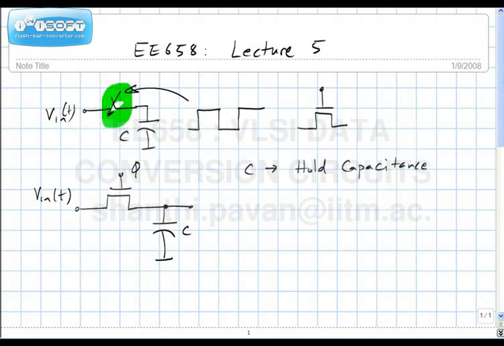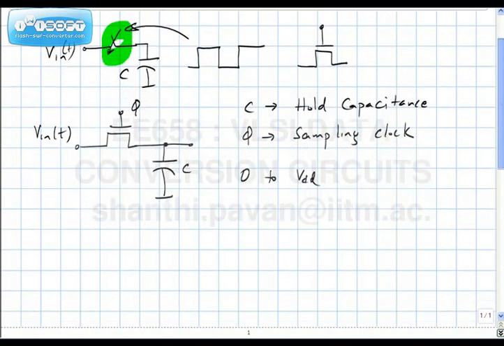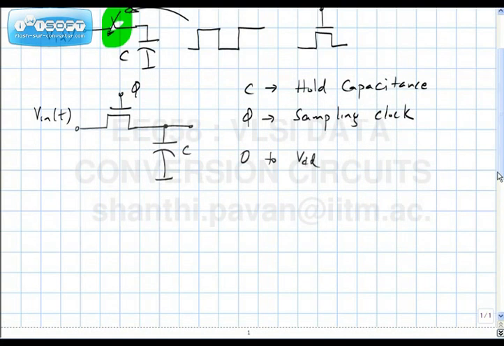The sampling clock is denoted by phi. We assume that all the voltage levels on the chip are between 0 and VDD. So under normal circumstances, you would expect that all node potentials inside the chip would be something between 0 and VDD.